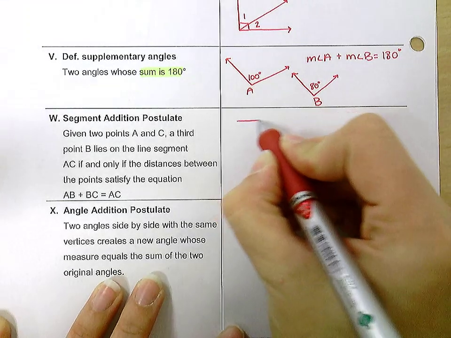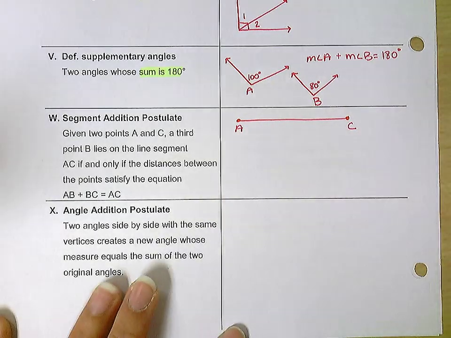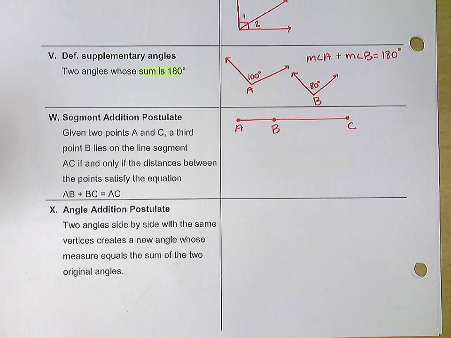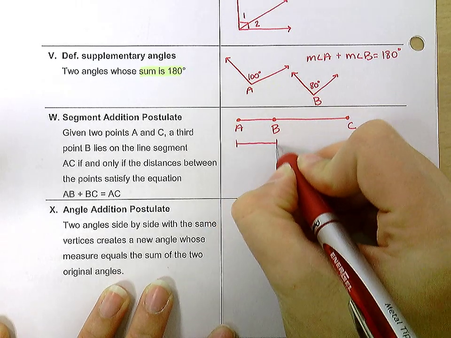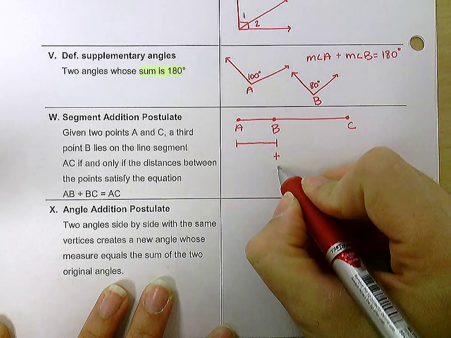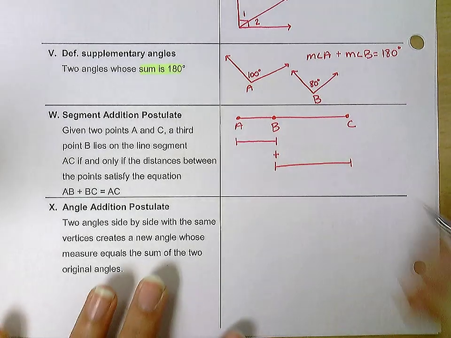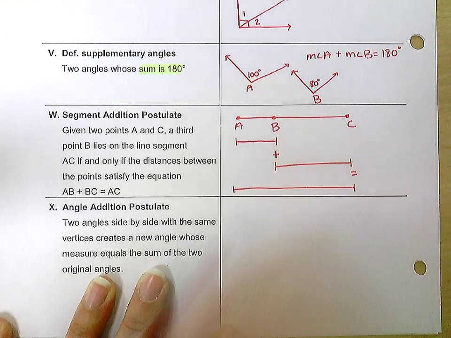So if I have a segment AC and point B is between the two, it doesn't have to be in the center, it's not a midpoint, I can take my smaller segments, so this segment right here, AB, I can add that to this segment BC, and that will equal that entire segment of AC.